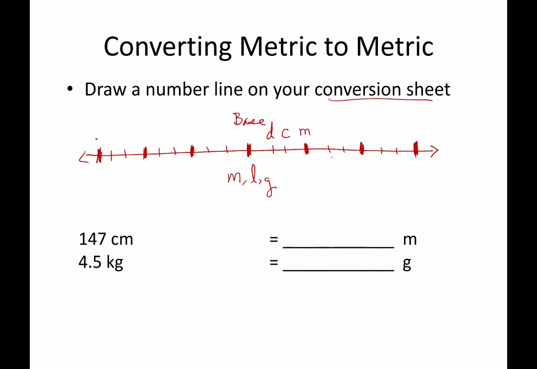Then we're going to skip these in between, and the next bold line to the right, I want you to put mu for micro. The next bold line to the right, lowercase n for nano. To the left, the first bold line to the left, lowercase k for kilo. The next bold line to the left, uppercase M for mega. And the next bold line to the left after that, uppercase G for giga.